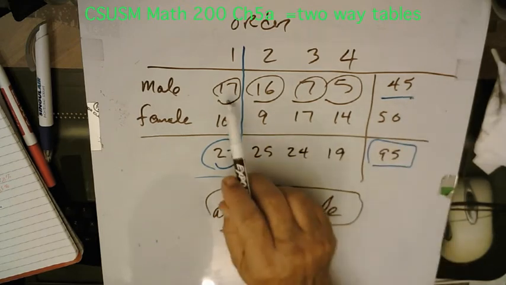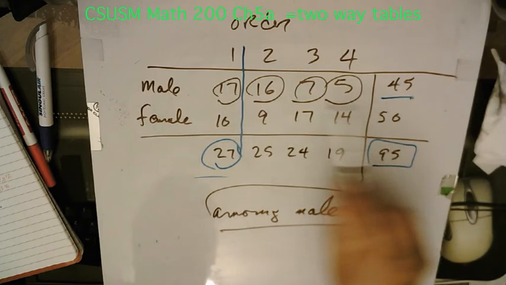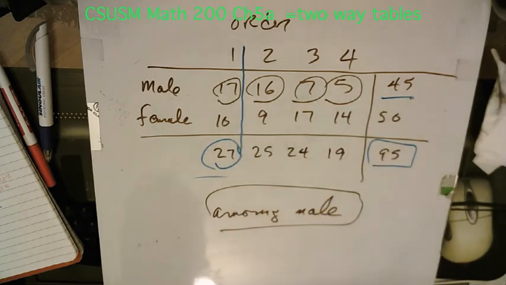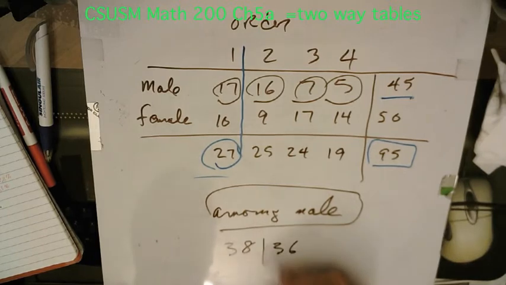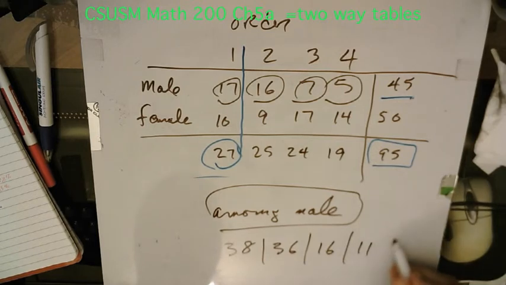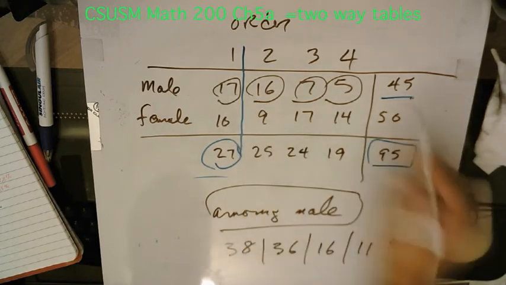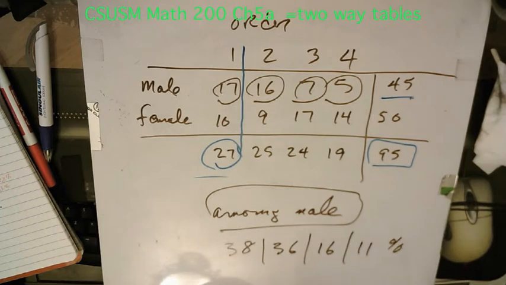So we'd have 7 over 45, 16 over 45, 17, 7 and 5 all over 45 to get each of those distributions. As it turns out, the first is 38%, the next one is 36%, the next is 16%, and then 11%, going across. And those would total up to approximately 100 if you didn't round off.